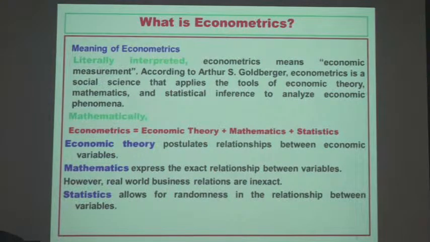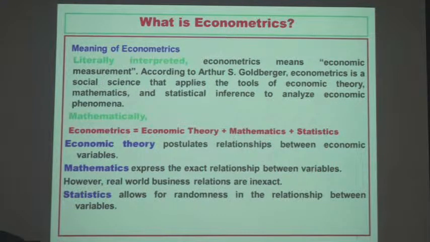Mathematics is exact. However, real business world relations are inexact. Mathematical models give us exactness, but the real business world is inexact. So we need a chance factor. For this purpose, we introduce statistics in econometrics. Statistics allows for randomness in the relationship between variables.